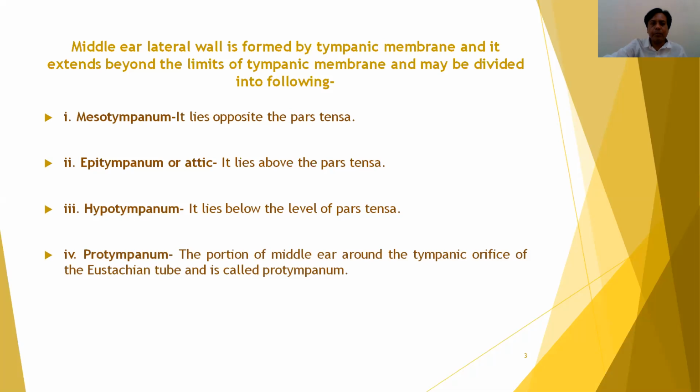The mesotympanum lies opposite the pars tensa. Epitympanum or attic lies above the pars tensa. Hypotympanum, it lies below the level of pars tensa. Protympanum, the portion of middle ear around the tympanic orifice of the Eustachian tube, is called protympanum.